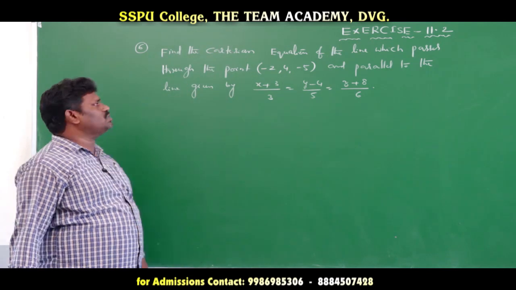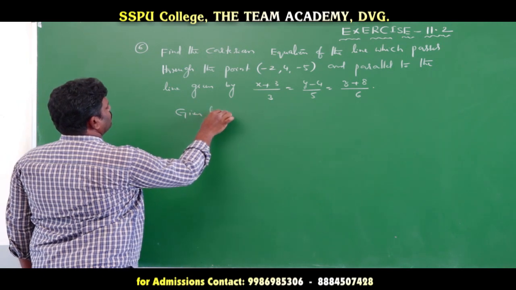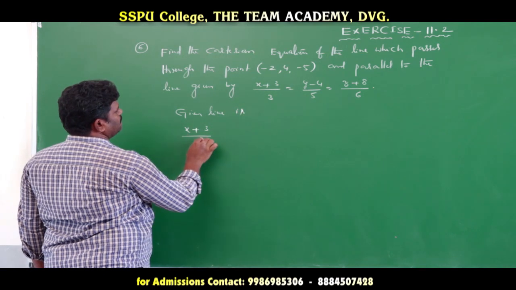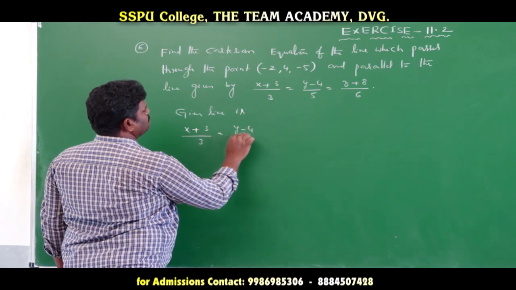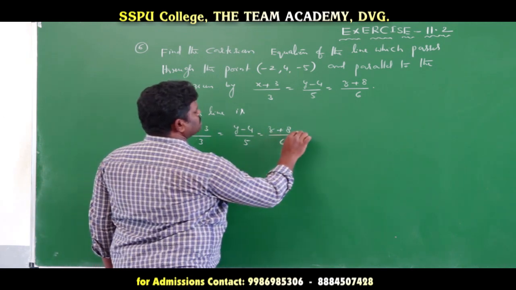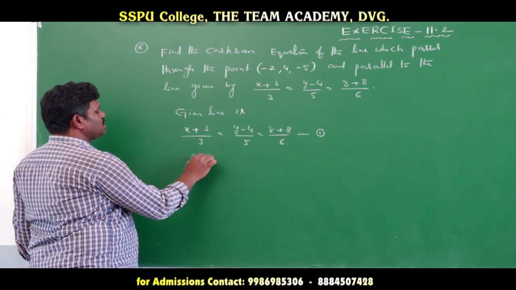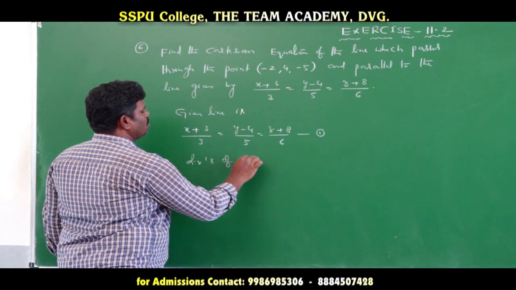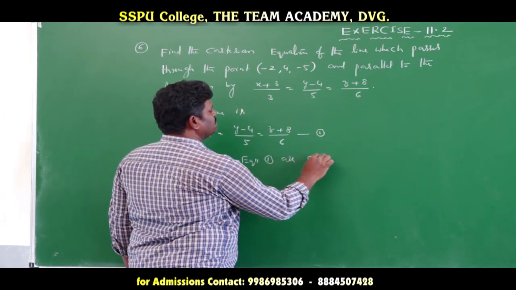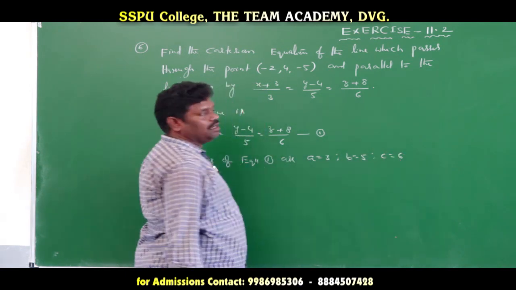The given line is (x plus 3) by 3 is equal to (y minus 4) by 5 is equal to (z plus 8) by 6. We call this equation 1. Now the direction ratios of equation 1 are a is equal to 3, b is equal to 5, c is equal to 6.